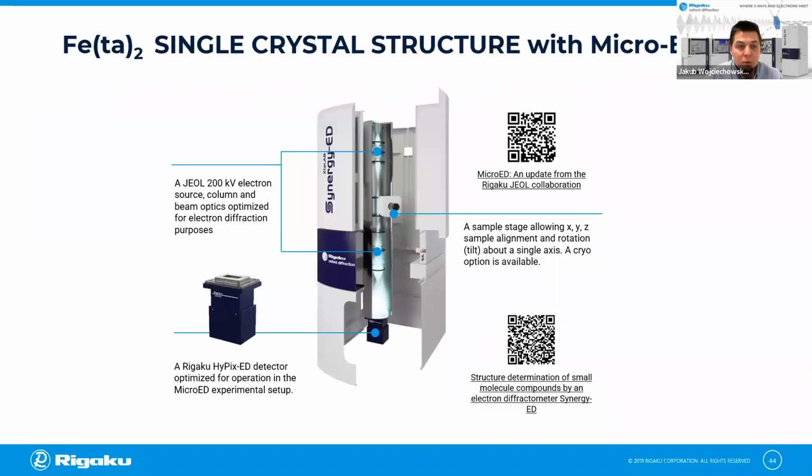It's our brand new system, a diffractometer based on electrons, built on a 200 kV electron source. We have our own version of the Hypix detector built for this, and of course it's controlled by CrysAlisPro and supported by the RIGAKU single crystal instrument.